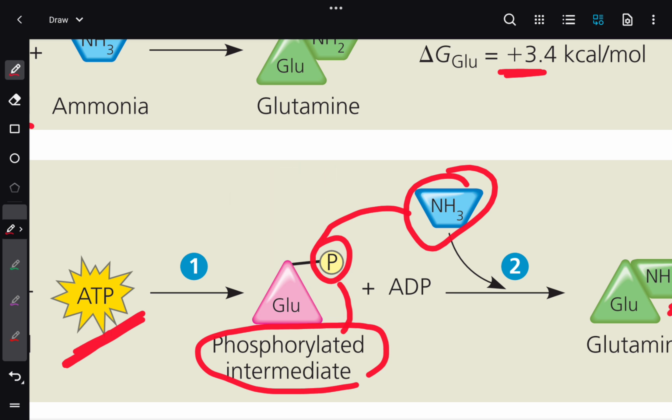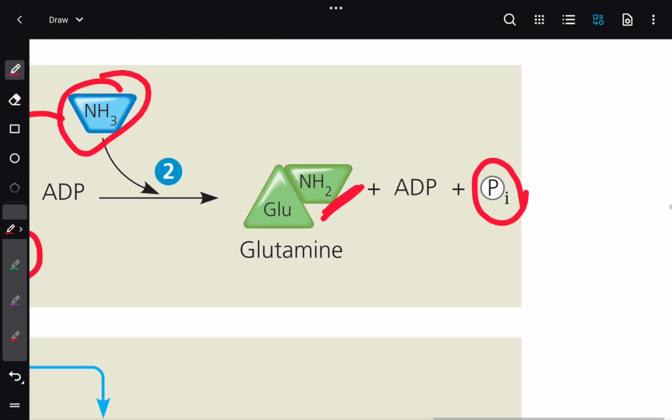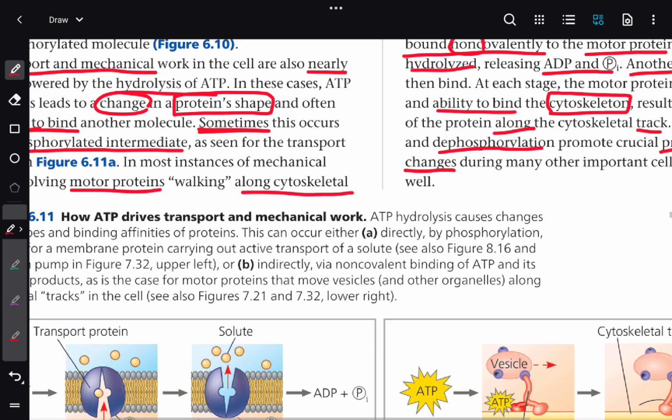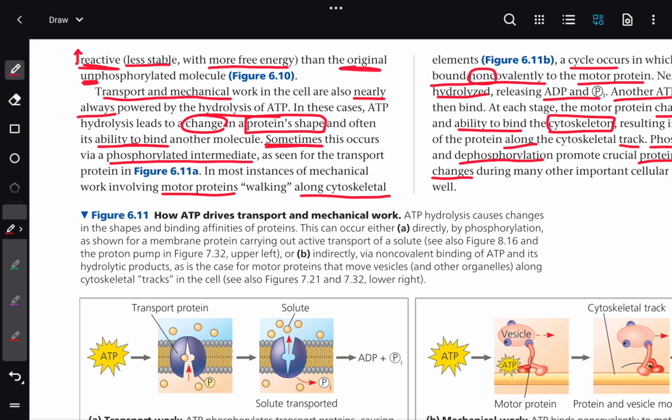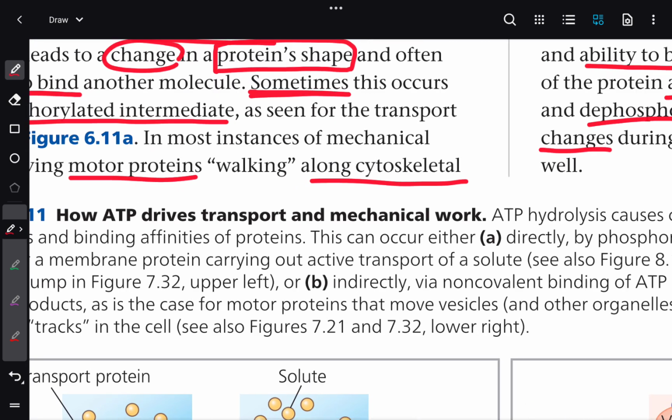Now the ammonia here will replace the phosphate group in the intermediate phosphorylated product, and we'll end up with glutamine and these end results. That's the whole idea here. Now, the other two tasks that ATP is needed for are transport and mechanical work.